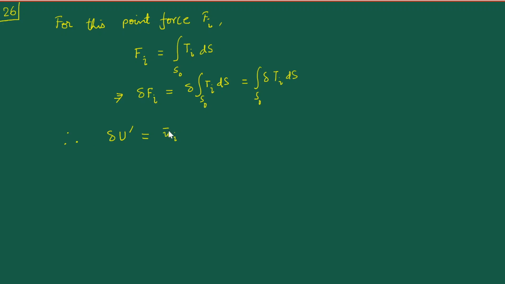Please do not forget this bar. This is very, very important. This is not ui. This is a specific value of ui at some point within that little area S naught. So this entire thing can be written as delta f. Now we are getting closer and closer to our ultimate statement of the Castigliano's theorem on deflections.